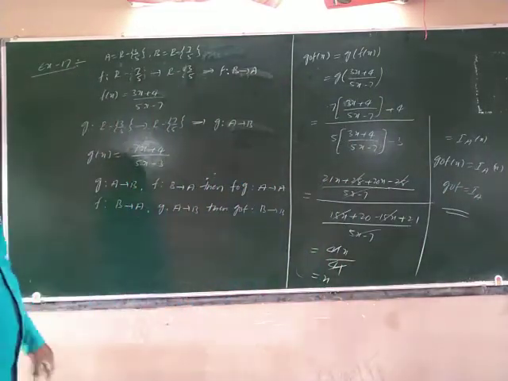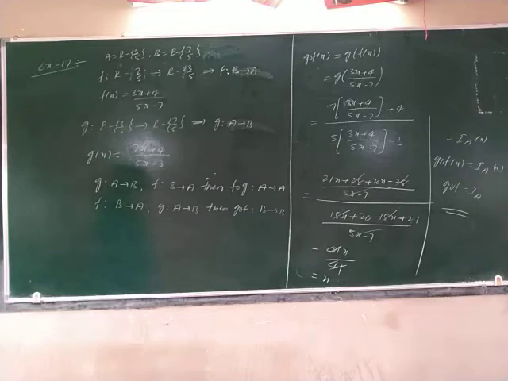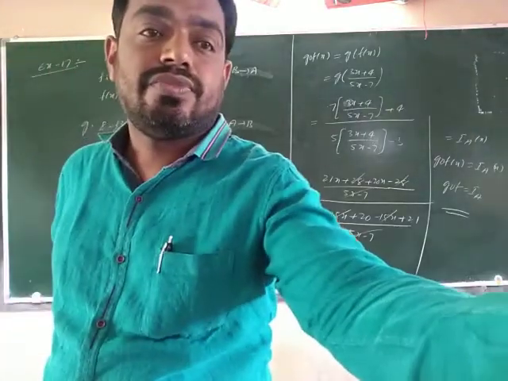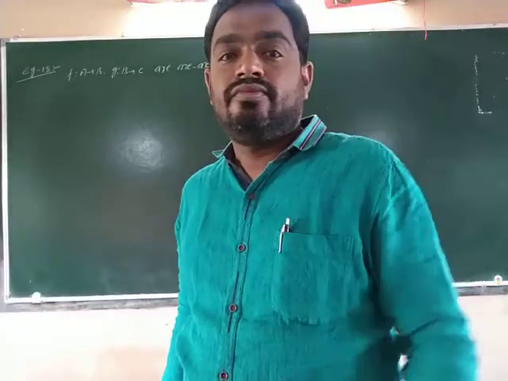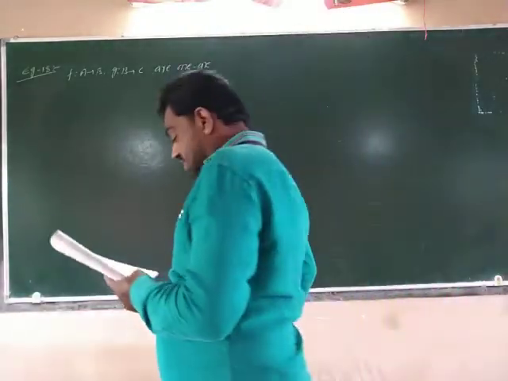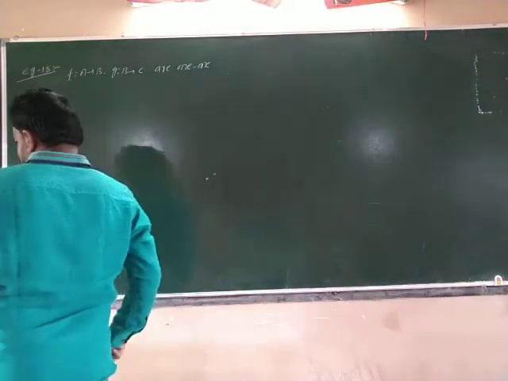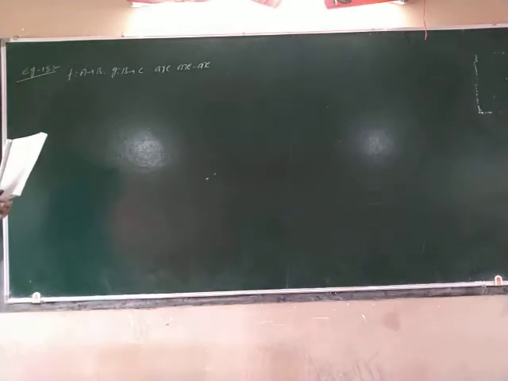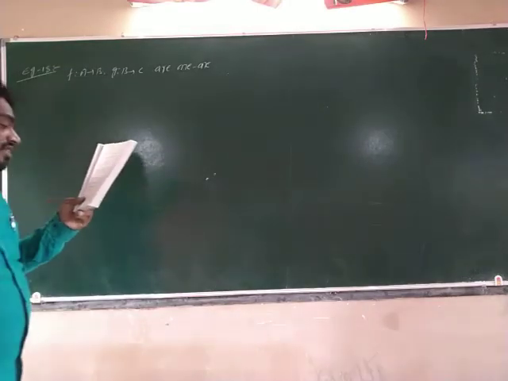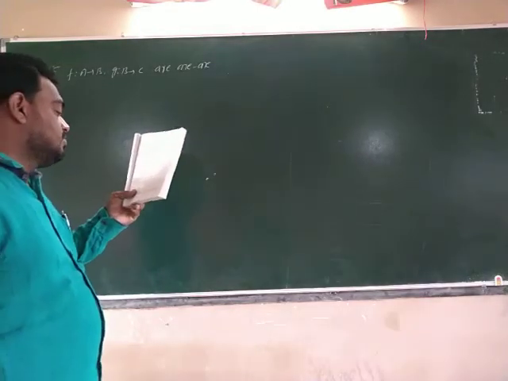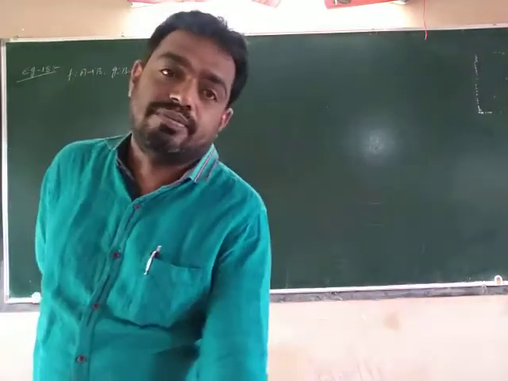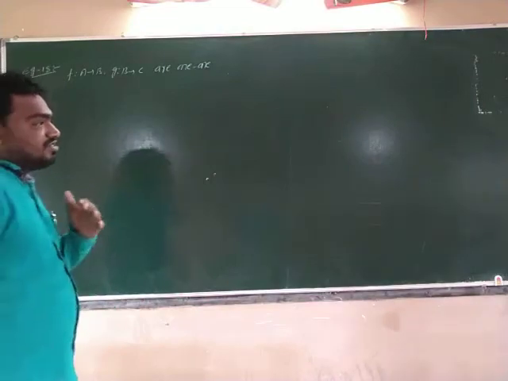This is example 17. Next, example 18. Show that if f is a mapping from A to B and g is a mapping from B to C, both one-one, then g circle f from A to C is also one-one. Very simple problem. So how are we showing one-one?